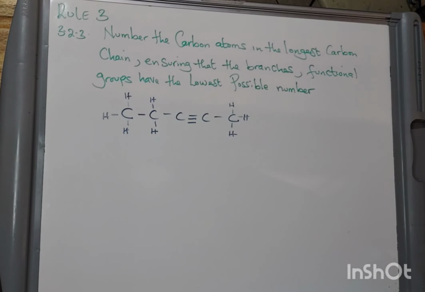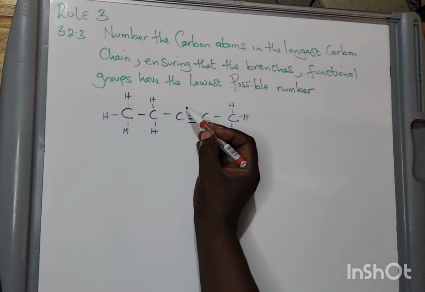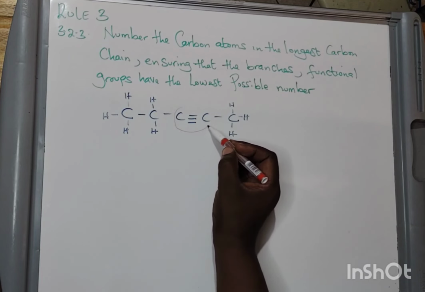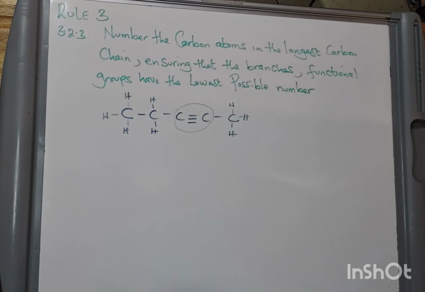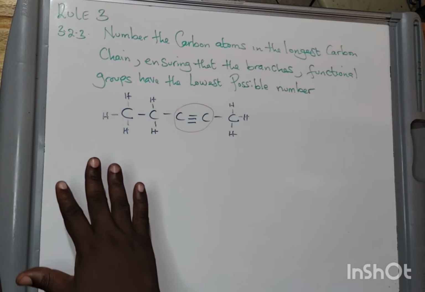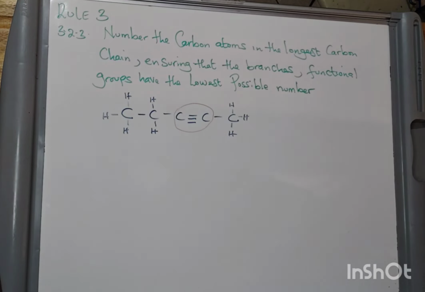According to the rules, they are saying that we should number so that we can give the functional group the smallest number. This is our functional group, a very important group. A group which determines the properties of this compound under consideration.